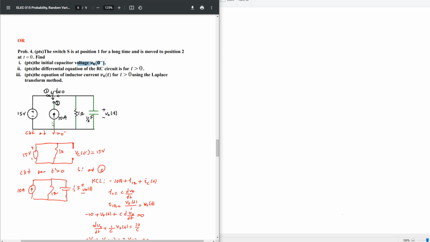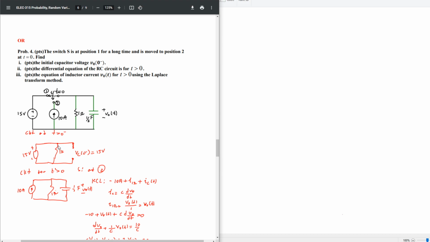So this voltage source is in parallel with a 1 ohm resistor and in parallel with a capacitor. What does that mean? That means all the voltage is going to this resistor and all the voltage is going to this capacitor. So that must mean that V0 of 0 minus for the capacitor is 15 volts. Right? I think that should be correct. Let's see over here. Yep, VC of 0 minus is equal to 15 volts.